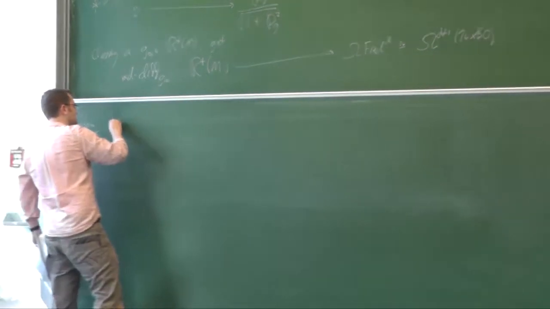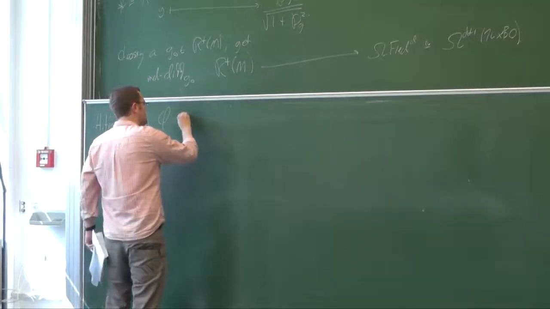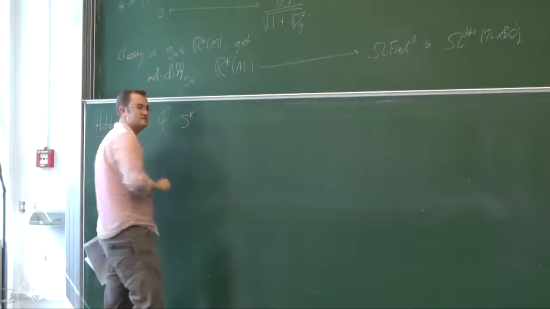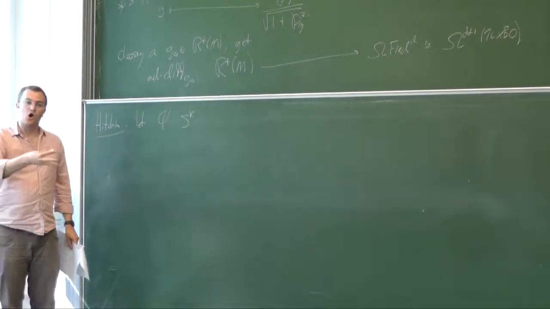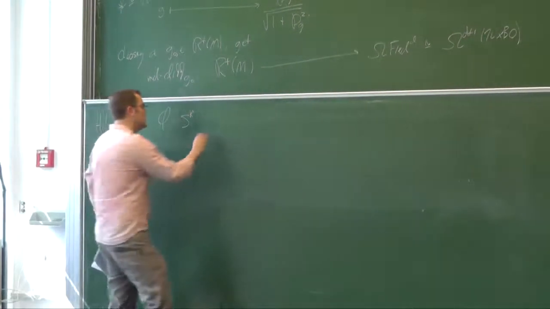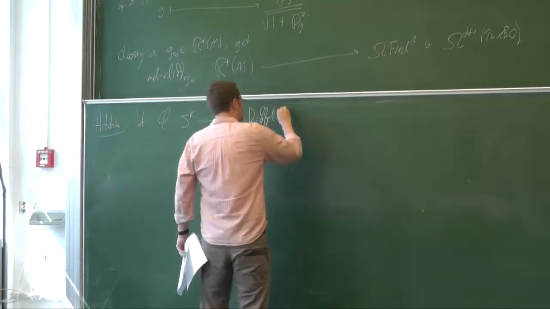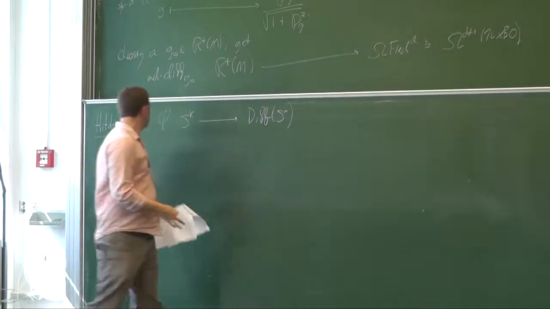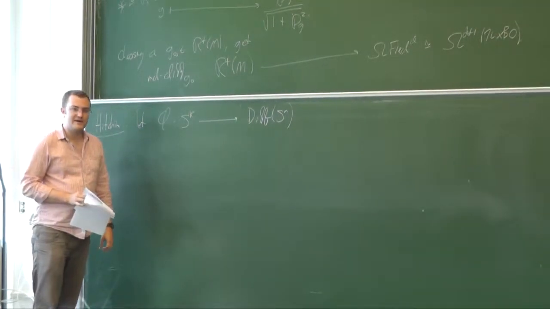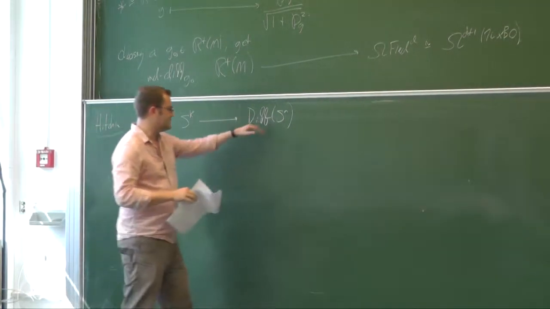You let phi, it doesn't even need to be a single diffeomorphism. You can even start with a homotopy class in a space of diffeomorphisms of, let me do a sphere for now. Suppose I've got an element of pi k of the diffeomorphism group of the sphere based at the identity.